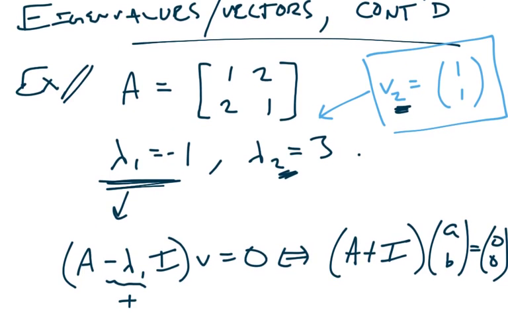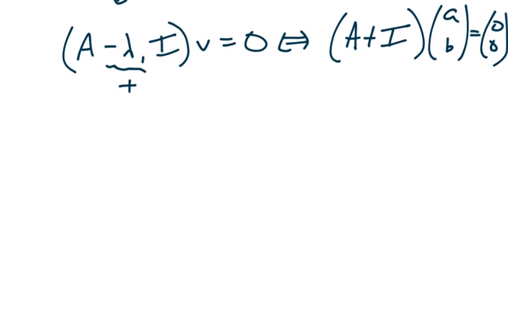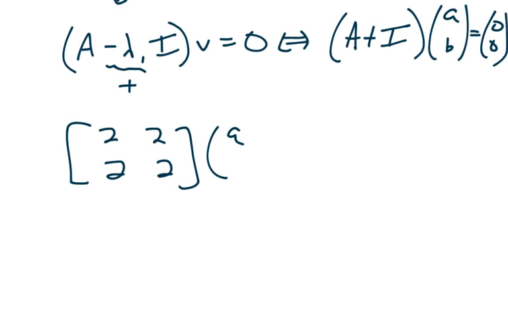And A plus the identity, right? This is A, so A plus the identity is going to be the matrix 2, 2, 2, 2, multiplied by (a, b), which should be equal to (0, 0). And what does this give me?